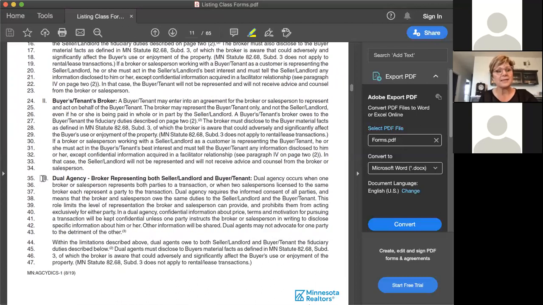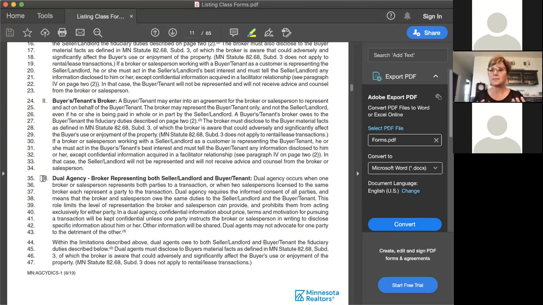What that means now is that since both parties are represented by the same brokerage, we can't advocate for one side to the detriment of the other because we represent both sides. So what really ends up happening is we take on more of a limited representation role, and we just help bring both sides together. Does that make sense? And typically the seller will say, yes, that makes sense.